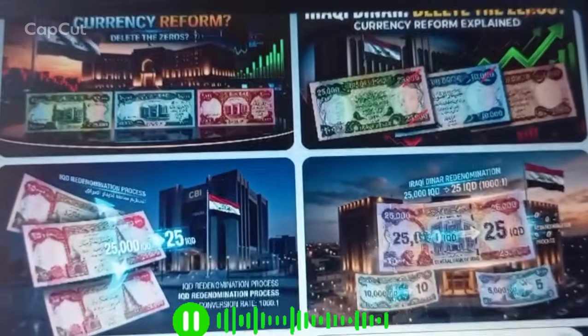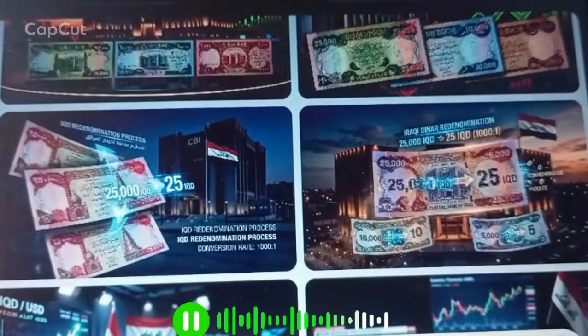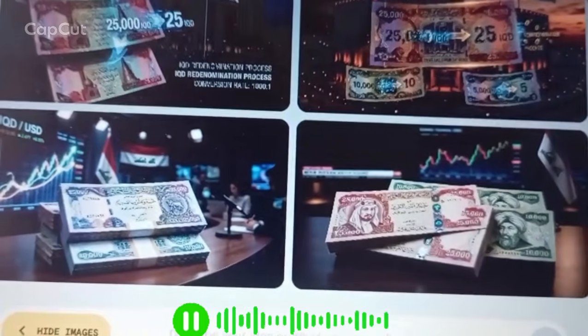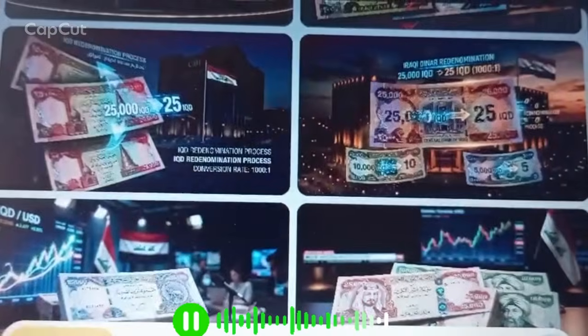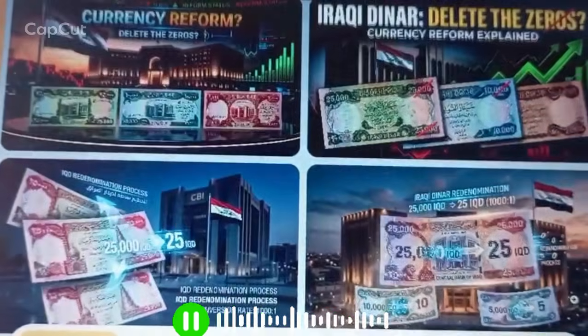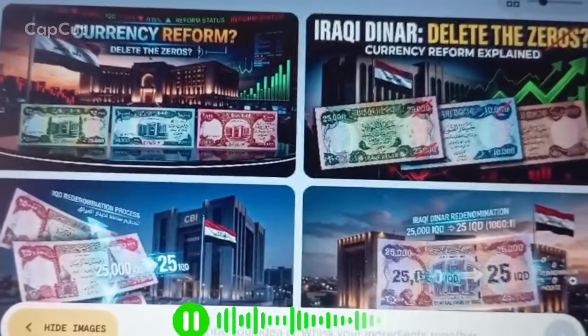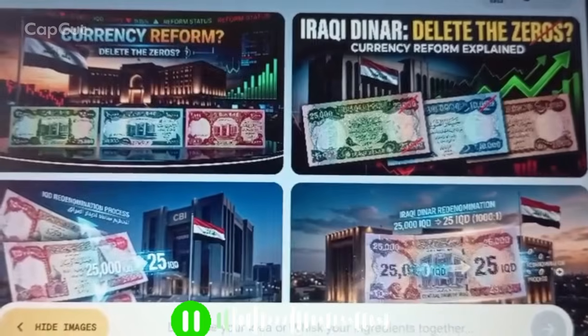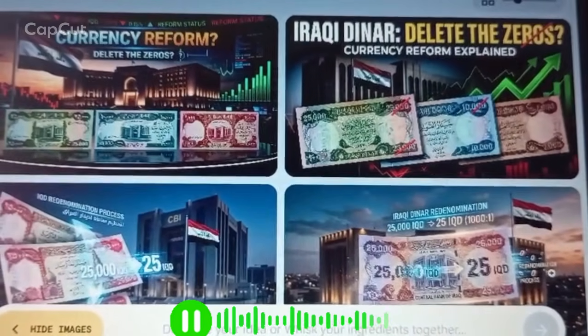Smaller numbers can make financial statements easier to read, reduce the number of digits involved in transactions, and potentially improve the usability of the currency for businesses and consumers. But those benefits are operational and structural. They should not be confused with an automatic increase in real wealth.